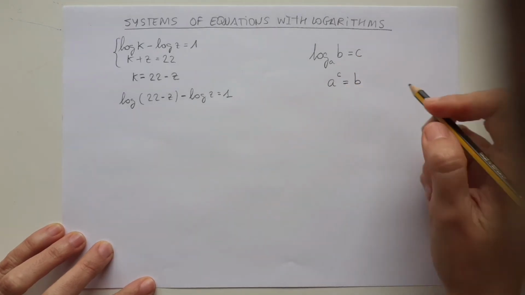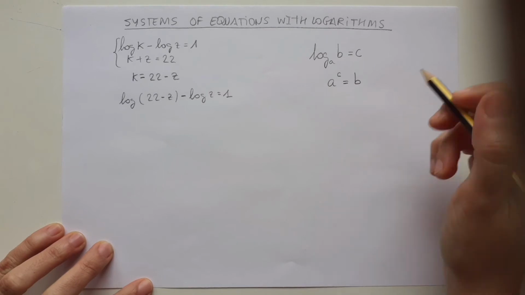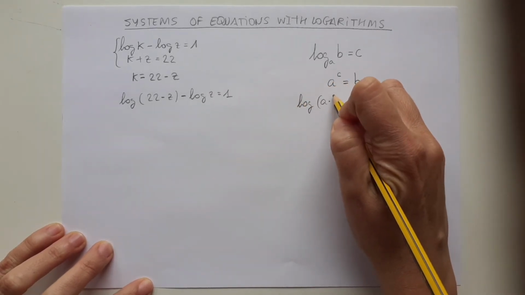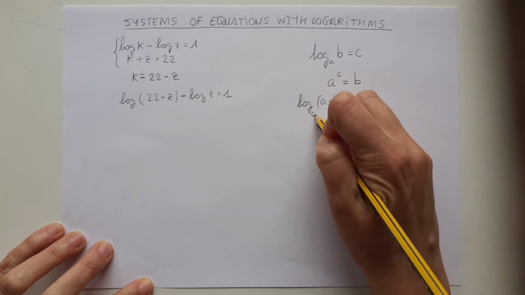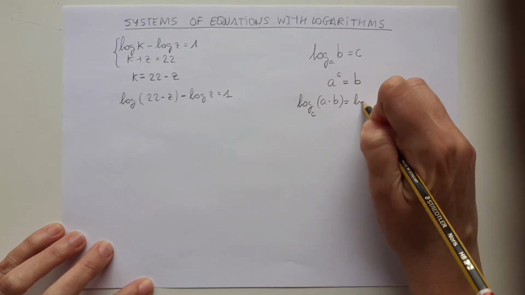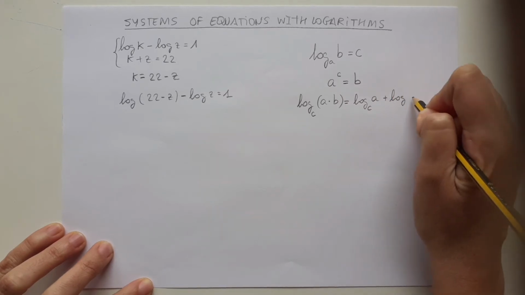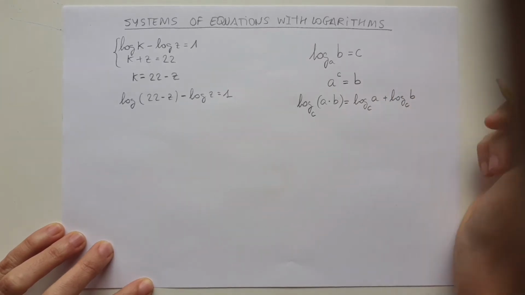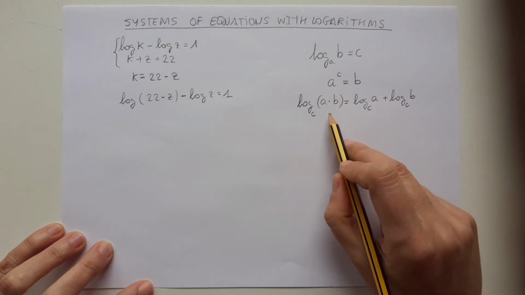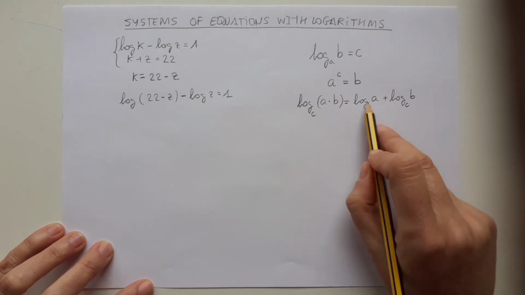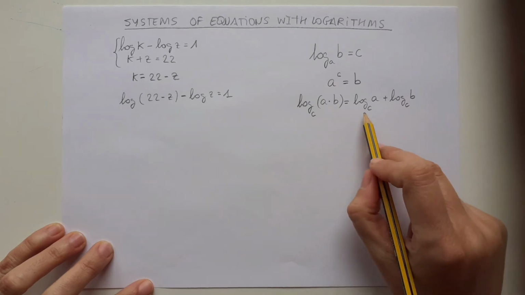This was the definition. Then the main properties were, when we have the logarithm of a product, imagine base c, this equals logarithm base c of a plus logarithm base c of b. You have a video about the properties of logarithms if you need to prove that this is true and to understand it deeply.